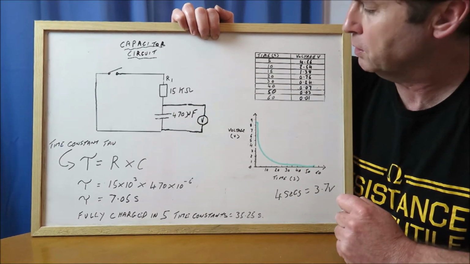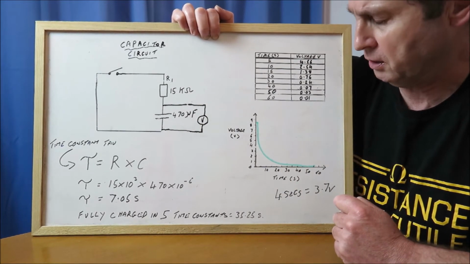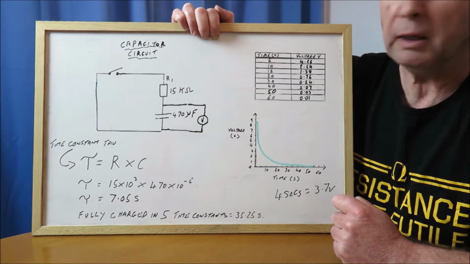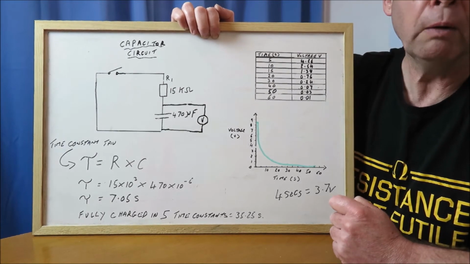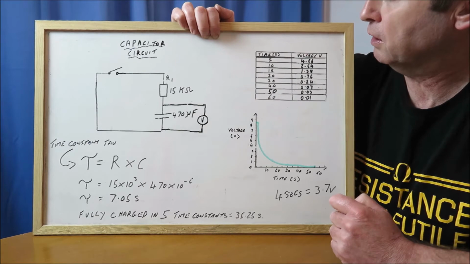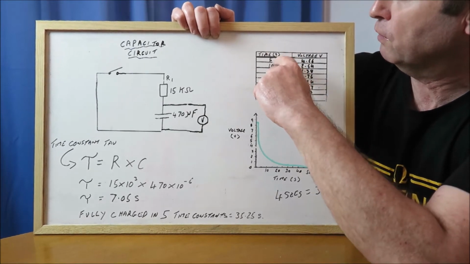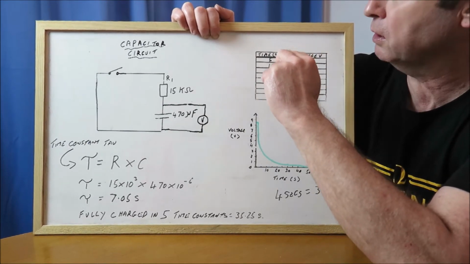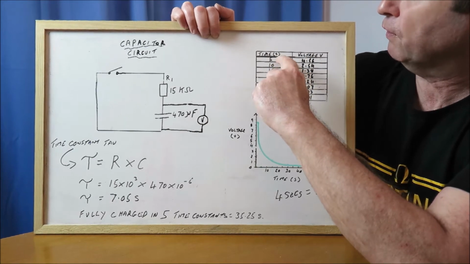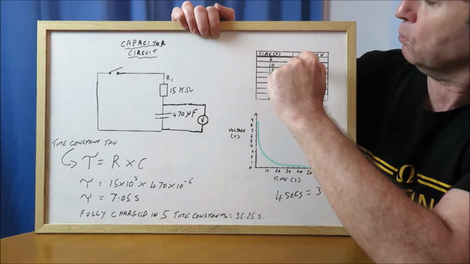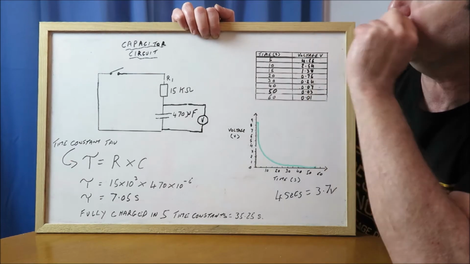And we can try once again and predict this using a mathematical formula. We'll try and predict it for 5 seconds, so we'll do a little mathematical calculation to see if we are close to that 4.66 value.